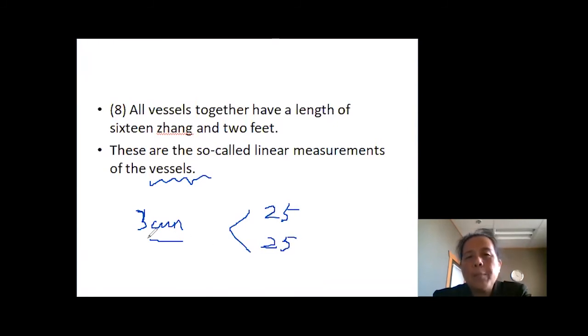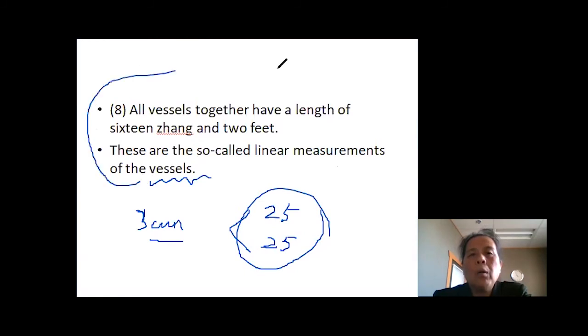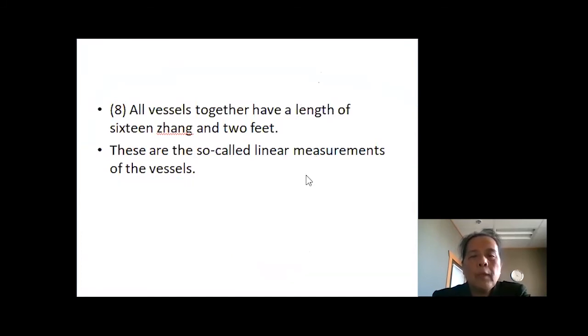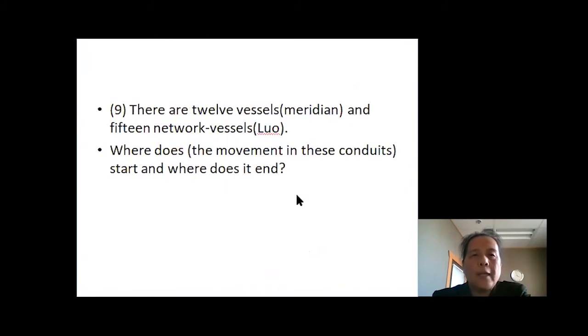So how we measure 寸 and the times, basically they calculate by how many 寸 all of the vessels are. Even though they didn't tell us how to calculate, truly they calculated in that time. So that's the 25 plus 25, 50 circles for a day coming from. Is it okay here?